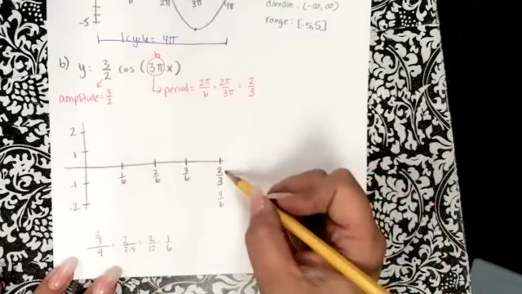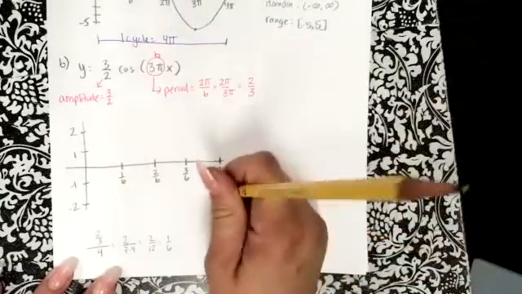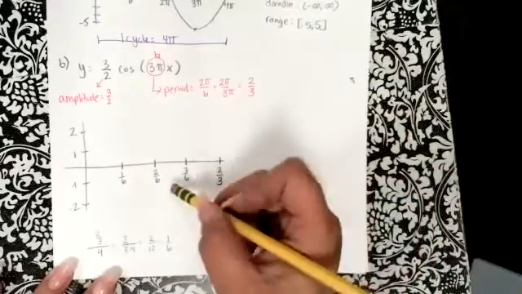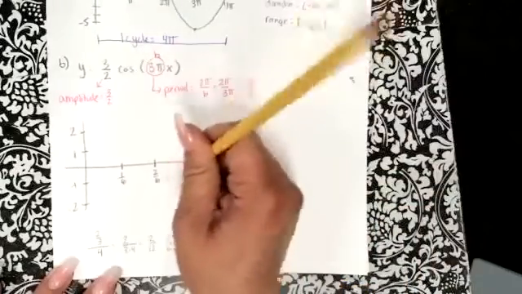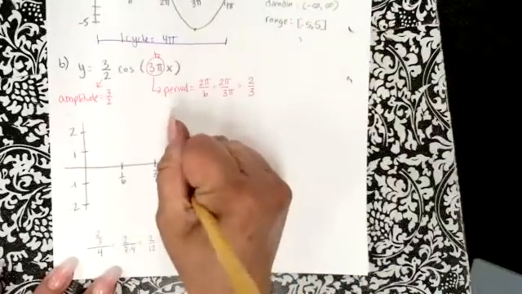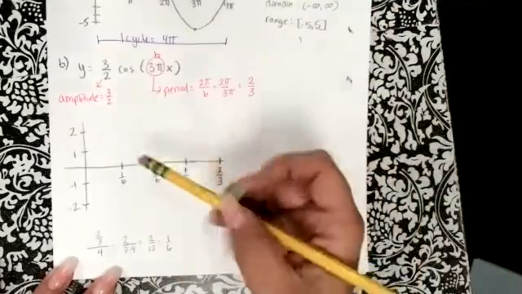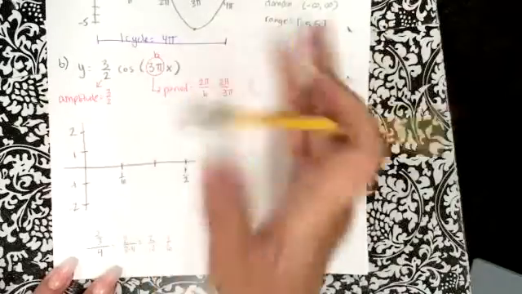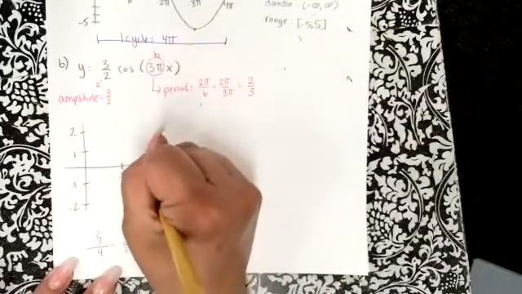And 4/6 does reduce to 2/3. 3/6 actually reduces to 1/2. So that's actually a half. You can leave it as 3/6 if you want. 2/6 is actually a 1/3. That's how you're going to figure out your scale.